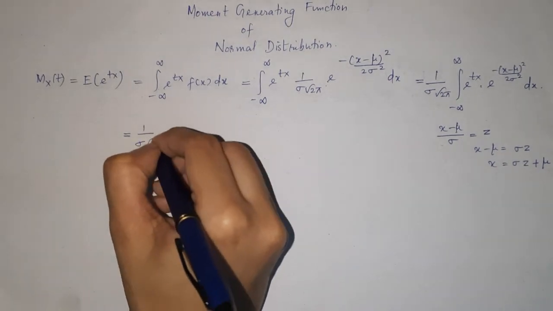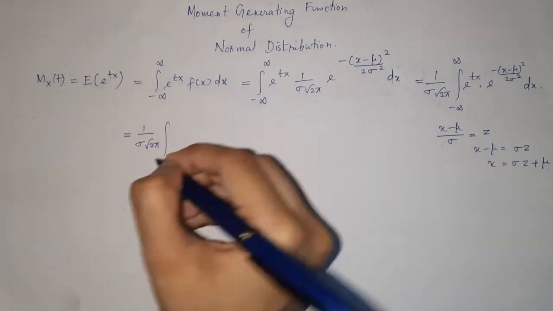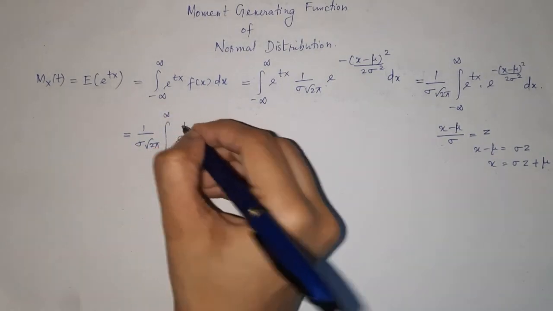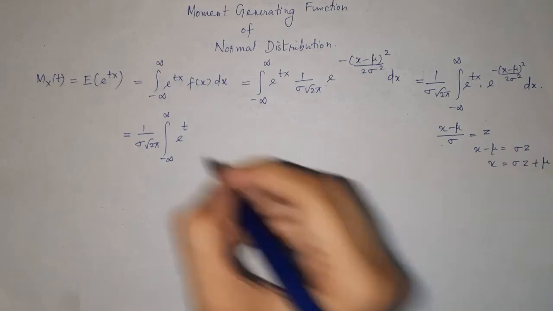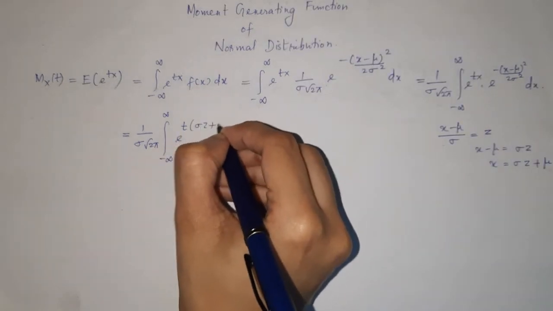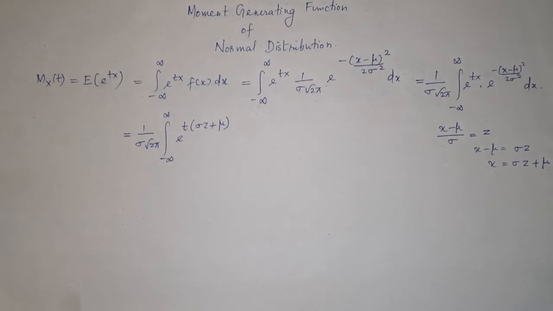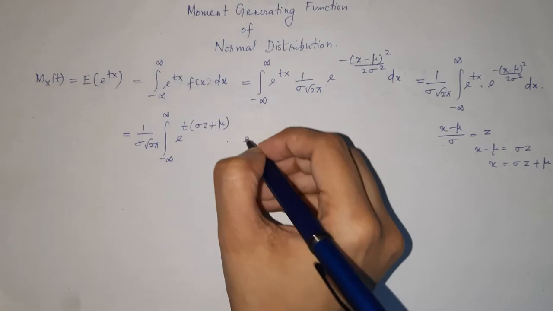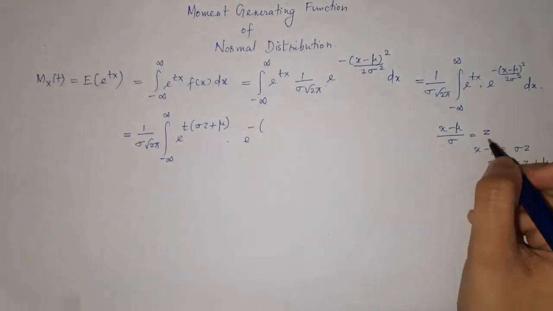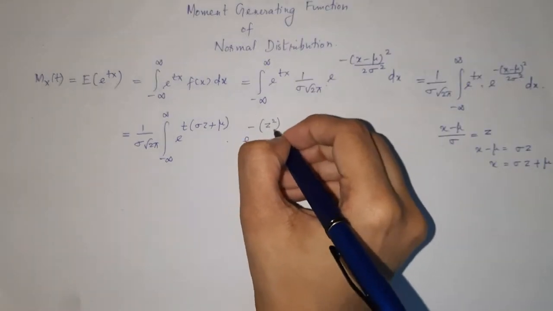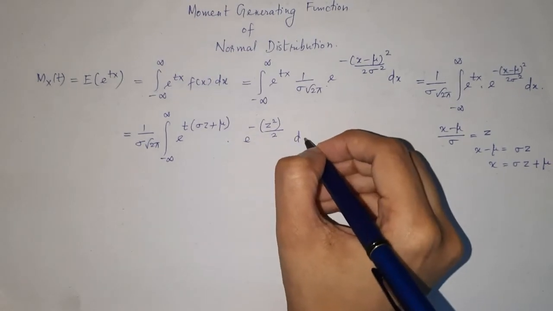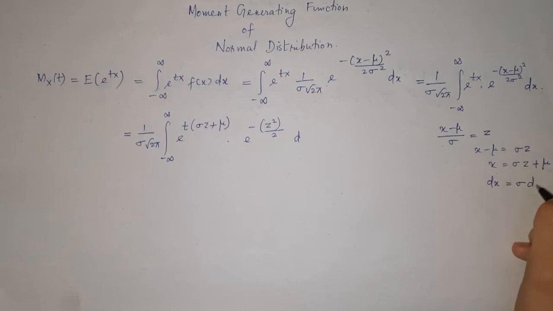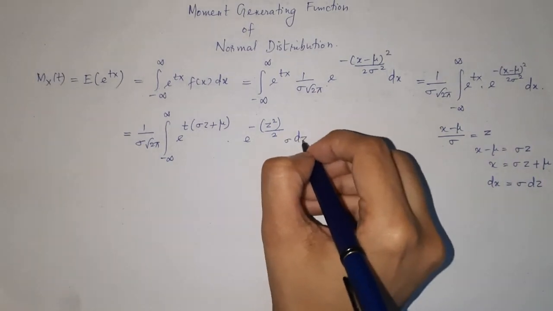Okay. So I can write this as 1 by sigma root 2 pi into the integral from minus infinity to infinity of e raised to t into, I can write x as (sigma z plus mu), into e raised to minus z square divided by 2 dz. Now dx is equal to sigma dz.